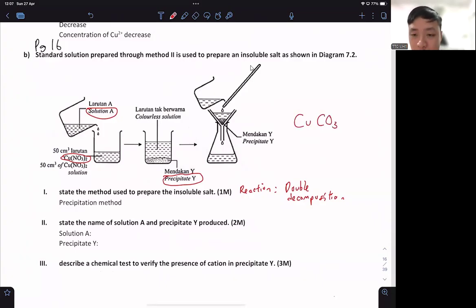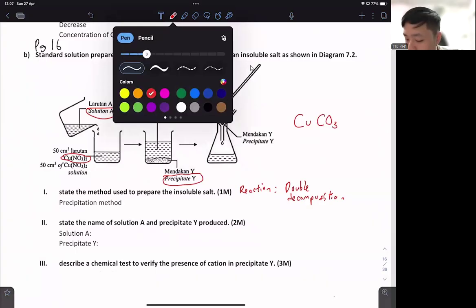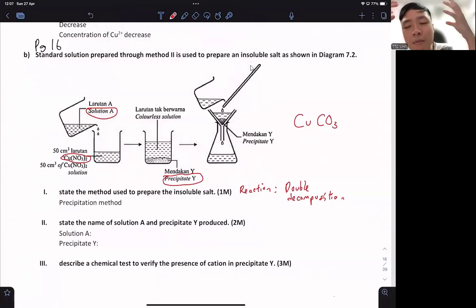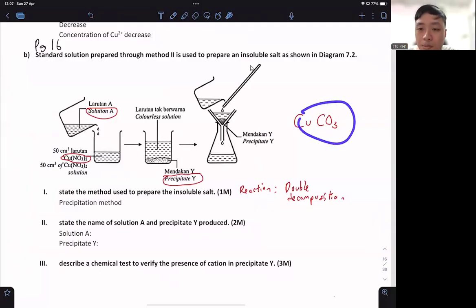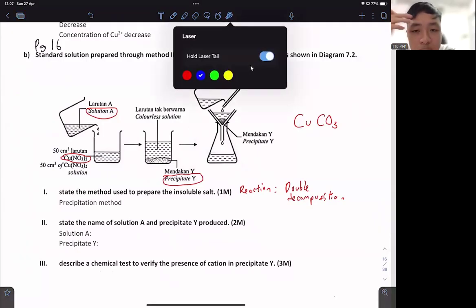copper 2 carbonate is the one that is insoluble. If you remember, copper 2 sulfate is soluble, copper 2 nitrate soluble, sulfate, chloride, soluble. So normally the only choice is carbonate, because copper 2 oxide and hydroxide is not a salt. It's a base.